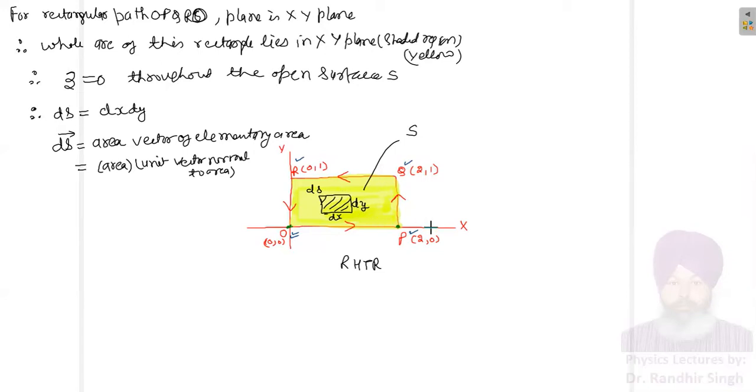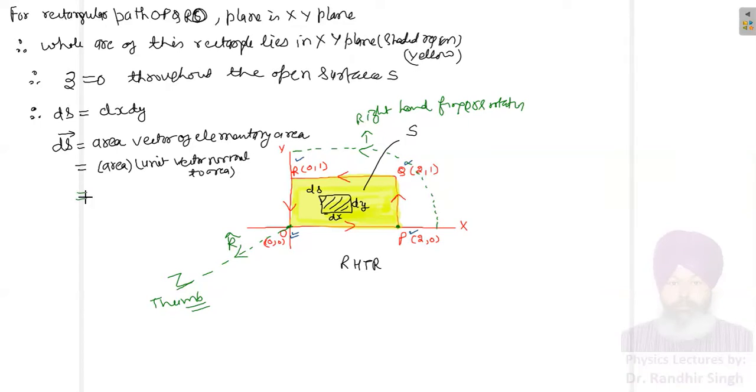If I rotate the right hand fingers from x to y, in this direction, then you can very easily see your thumb will be in this direction, and this direction is nothing but the z axis, so the unit vector is k cap.